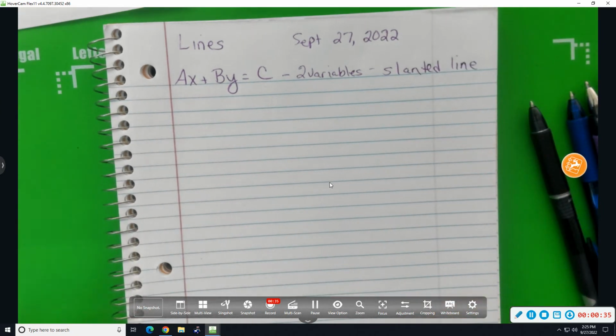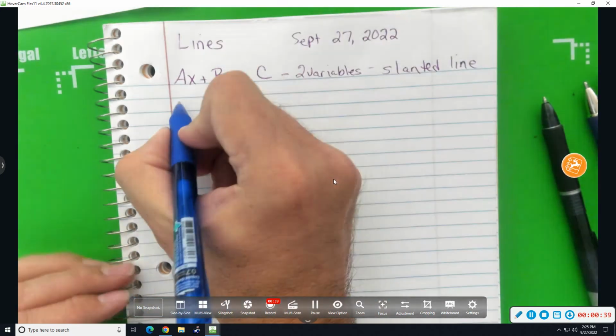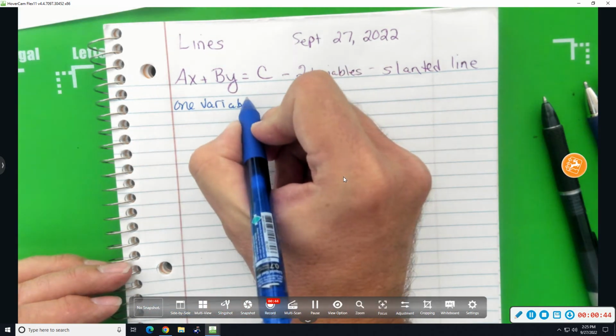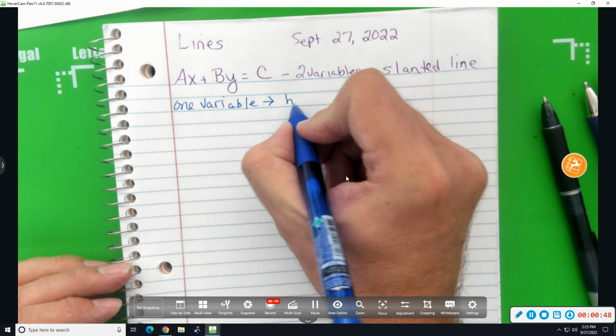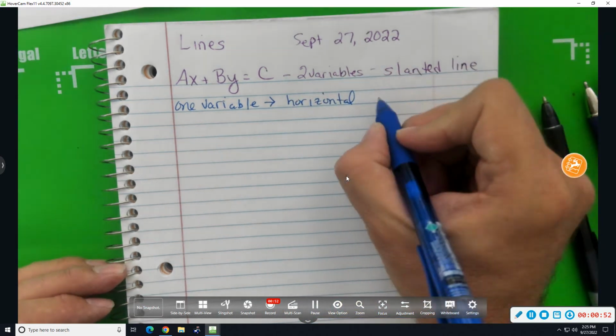If there's only one variable in the equation, then you have either a horizontal or a vertical line.